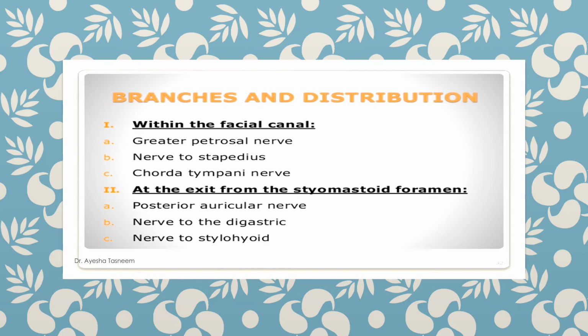Here we come to the branches and the distribution of the nerve. Branches include, within the facial canal, it gives greater petrosal nerve, nerve to stapedius muscle, and chorda tympani nerve.